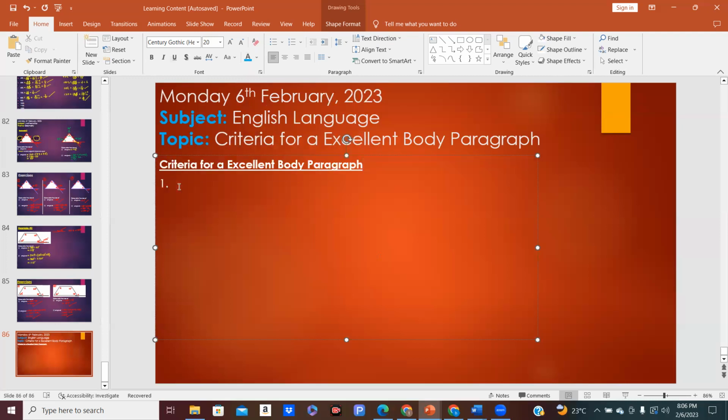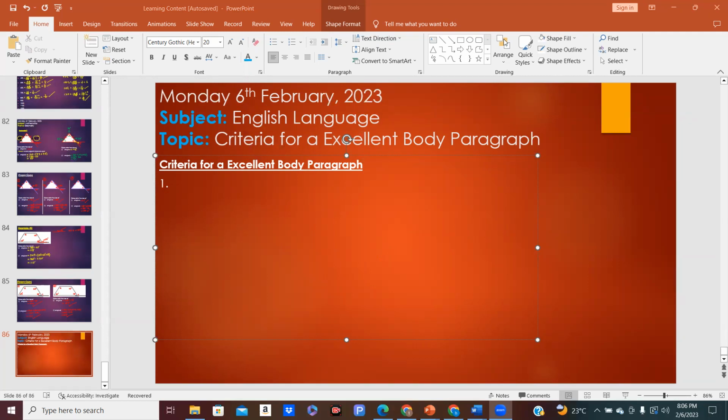Anyway, criteria for writing an excellent first body paragraph or any body paragraph. If we want to be specific to the first body paragraph, the only thing I'd say is we really need to make sure that we start strong. So you make your strongest point your first point.